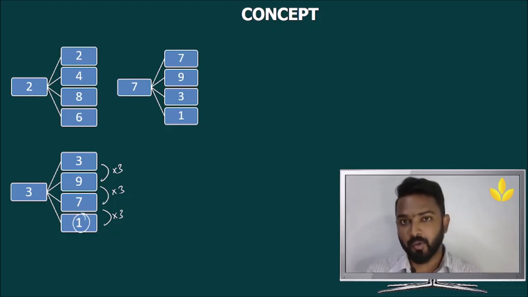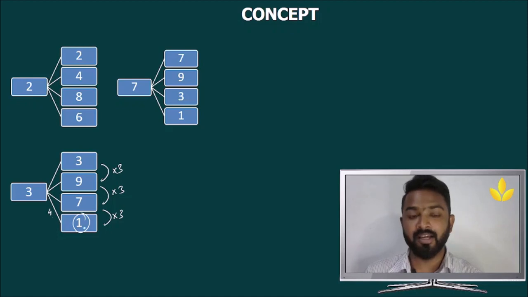Now you and I know that this 1 actually came from 81 because 3 power 4 is 81. But whether the 1 comes from 81 or the 1 comes from 21, 1 is 1 and that is all that we care about. Similarly over here, 7 sevens are 49, so we have a 9 over here. 9 sevens are 63, so we have a 3.